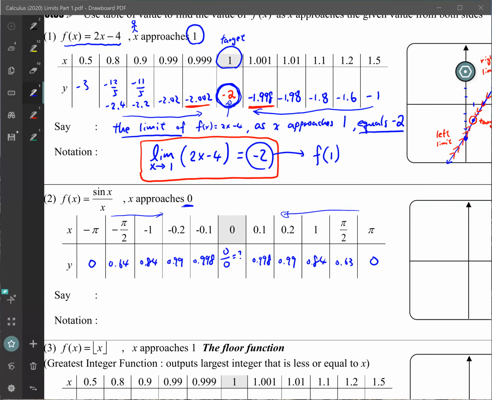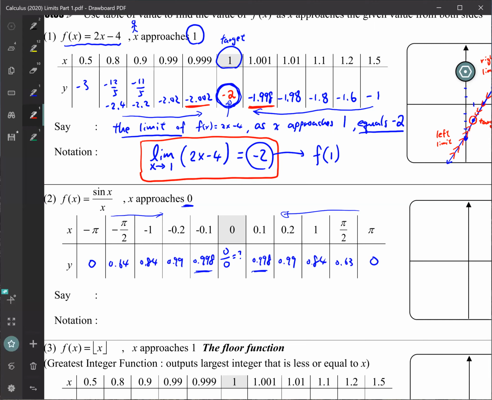So now, if we try to find the limit, because I cannot plug in 0, you get something undefined, right? But looking at the values beside it, really close to it, can you guess what the limit is, Gina? 1. Yeah, it's getting closer and closer to 1, right?